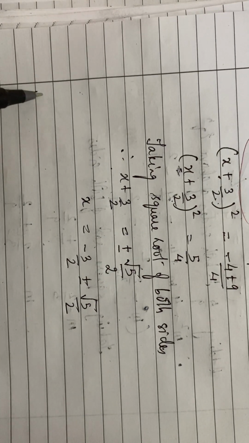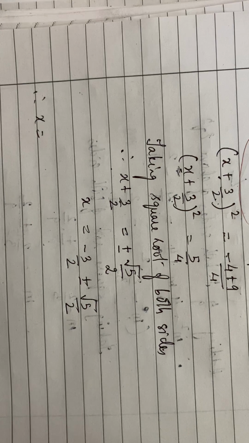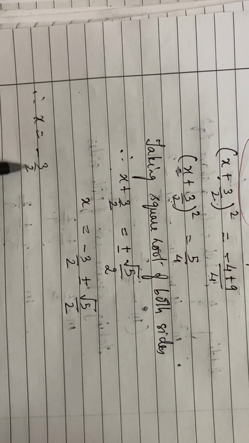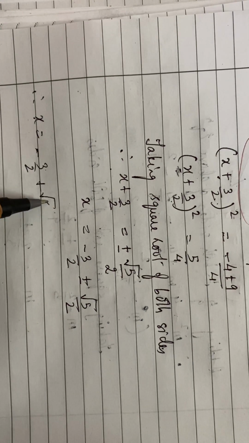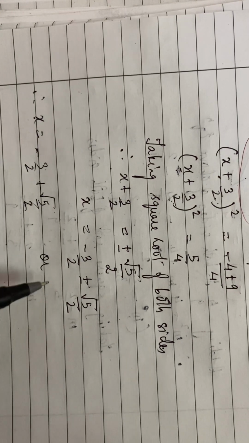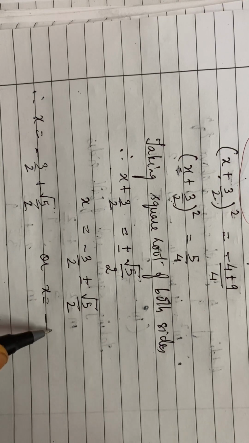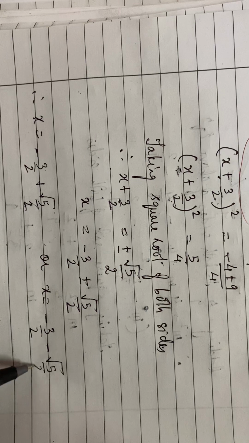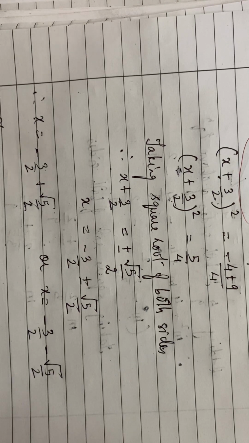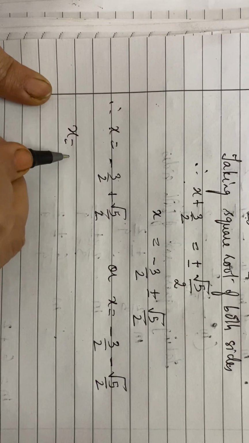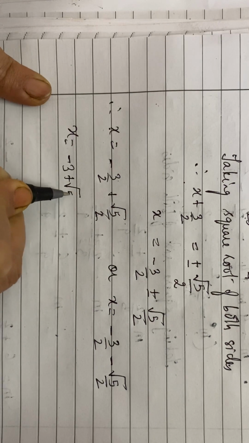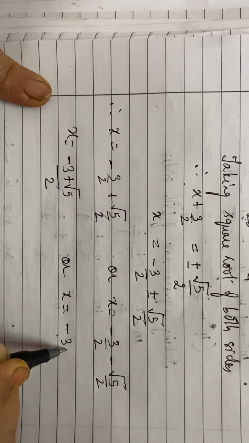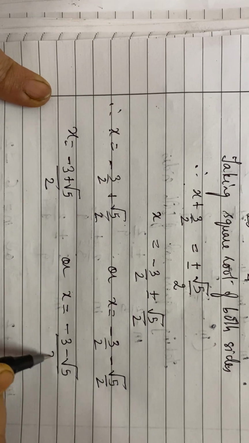So you will get the roots of this quadratic equation as x equal to minus 3 upon 2 plus root 5 upon 2, or x equal to minus 3 upon 2 minus root 5 upon 2. So that makes x equal to minus 3 plus root 5 upon 2, or x equal to minus 3 minus root 5 upon 2.